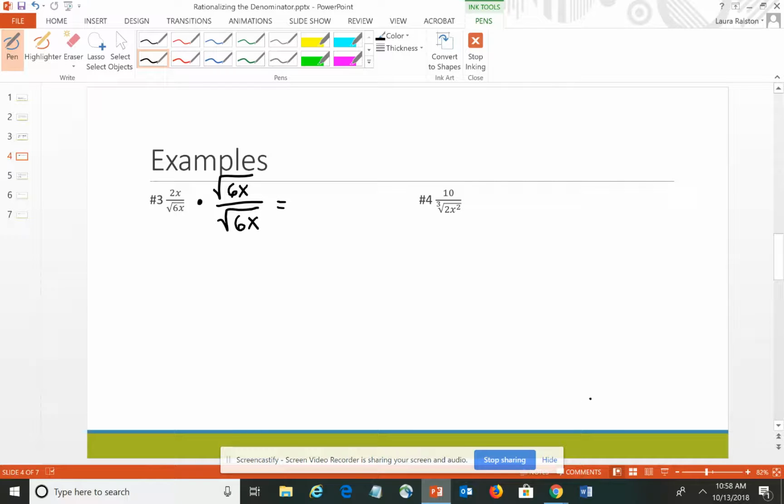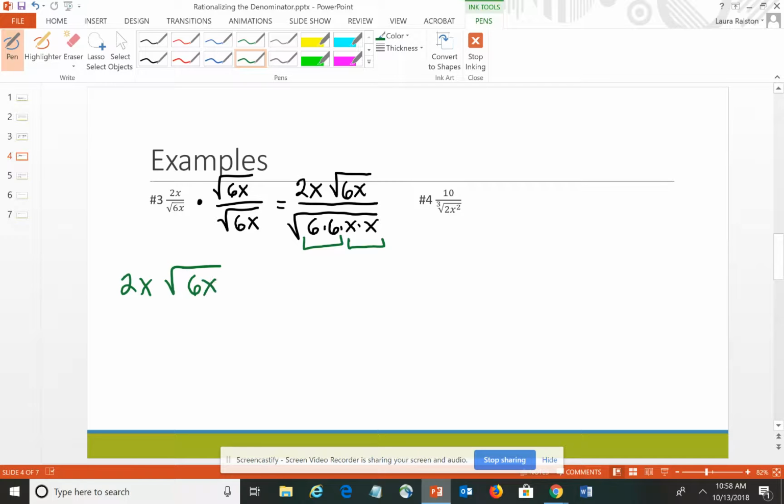So I have 2x times the square root of 6x over the square root of 6 times 6 and x times x. Notice in your denominator now you have a pair of 6s and a pair of xs, and so they can be taken out from the radical. So I have 2x times the square root of 6x in the numerator over 6x.